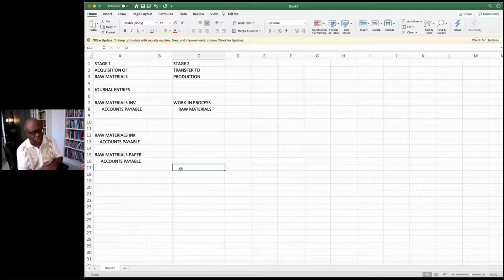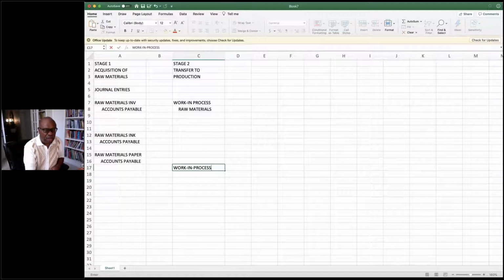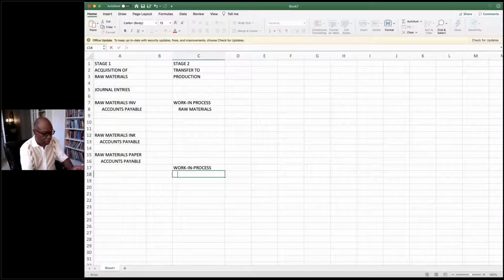What's the second thing we're going to transfer in? Another raw material? We already got those. We would just make those entries. So we're going to debit work in process, and we're going to credit cash.